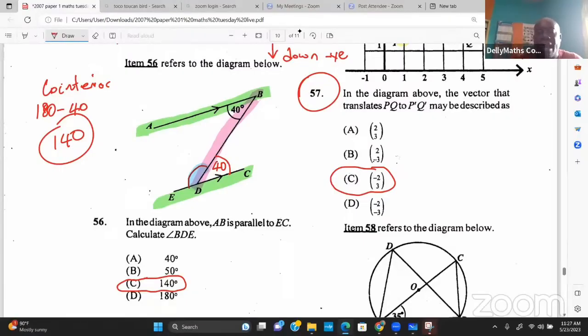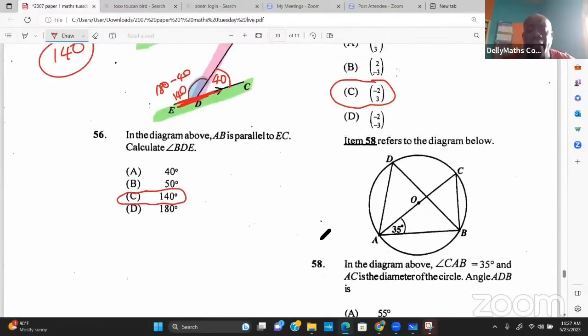So then I would say 180 minus the same 40, and I'll get back the same 140, because this would have been the straight angle that I took the 40 from to get the 140. Same answer. So it's up to you if you want to go there. So there are two approaches. Pick the one that works best for you, depending on the question anyway.